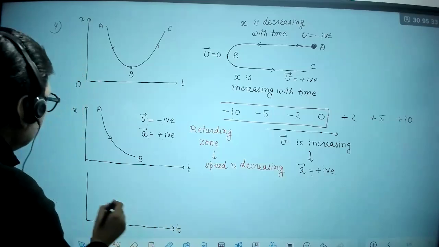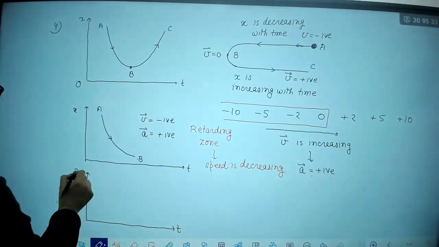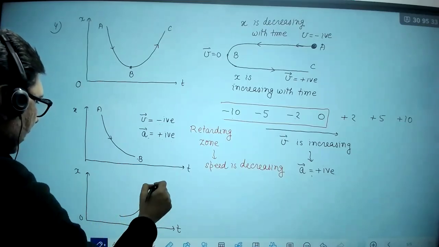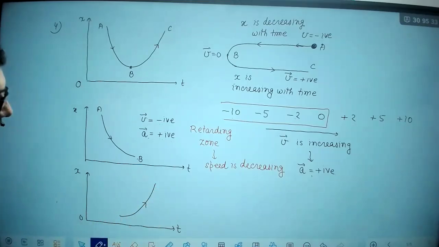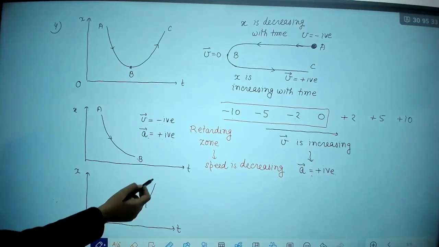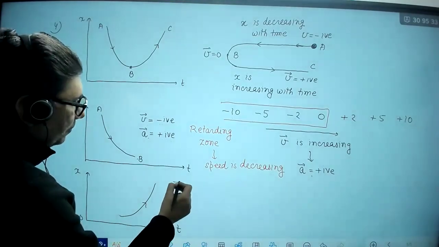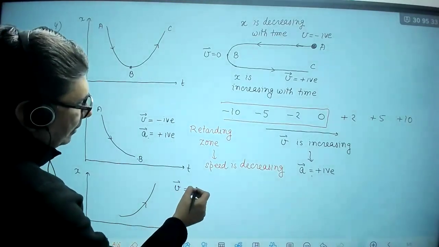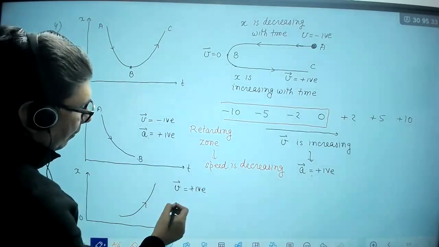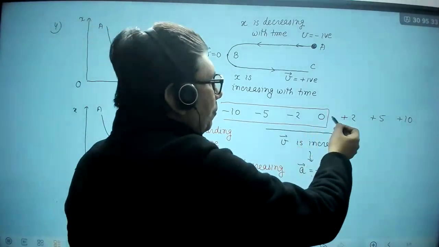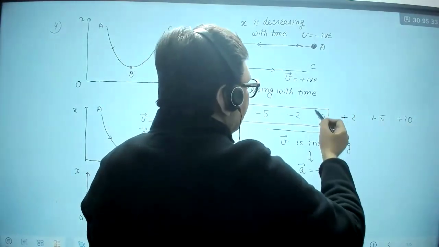Now come back to the second part, B to C. This is time, this is x and 0. If you look from B to C, like this part, here x is increasing with time. So velocity is positive. And what is acceleration? Acceleration I have already shown you: 0, plus 2, plus 5, plus 10. This part.